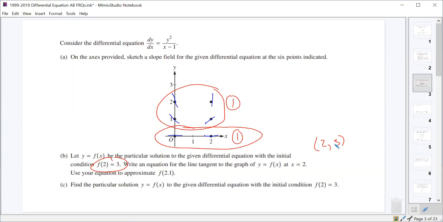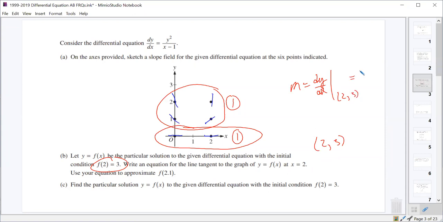And so if we're writing the equation of the line tangent to f of x, where f of x is the solution to this differential equation, that tells us that the derivative of f of x is this. So to find the slope, that should be our derivative evaluated at the point (2, 3).